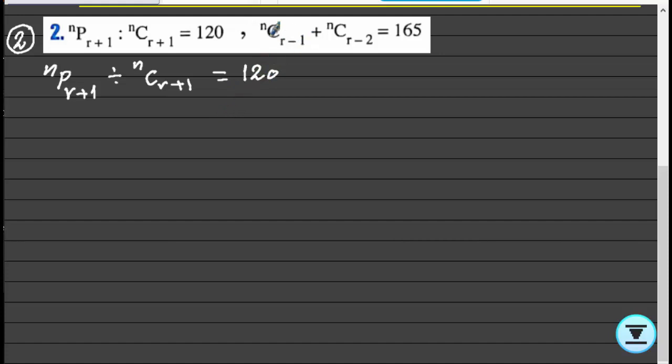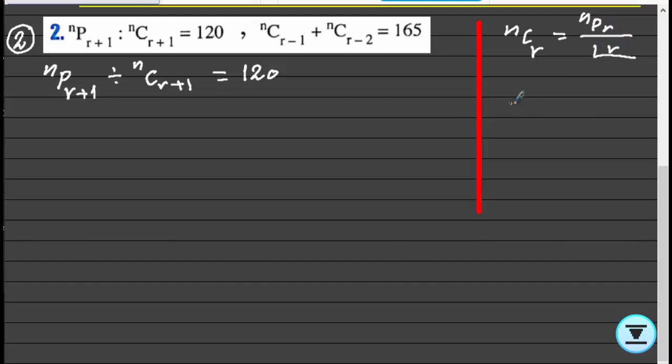And also we have nCr minus 1 plus nCr minus 2 equals 165. Now remember that nCr equals nPr over factorial r.